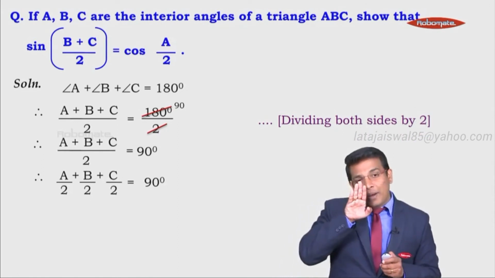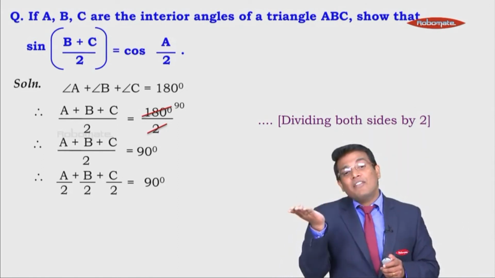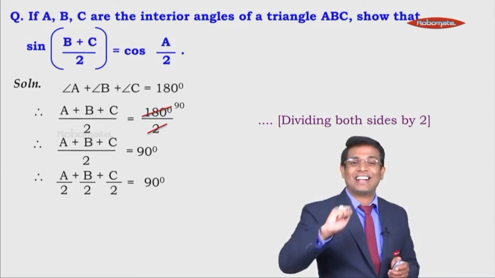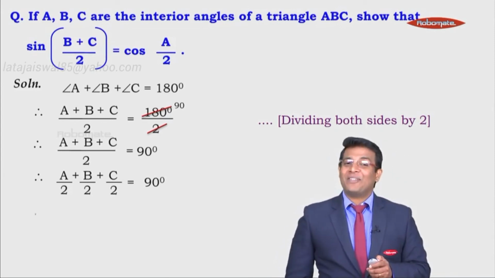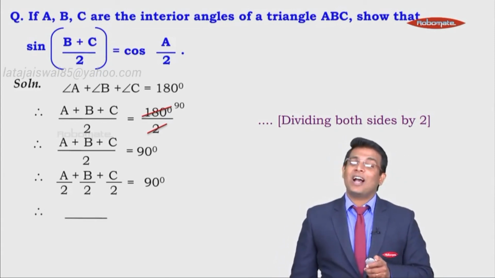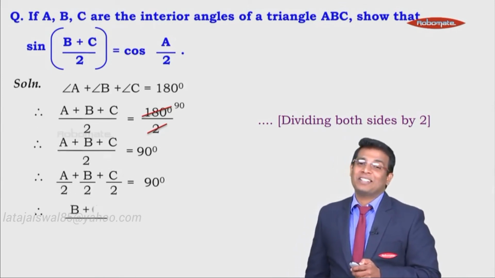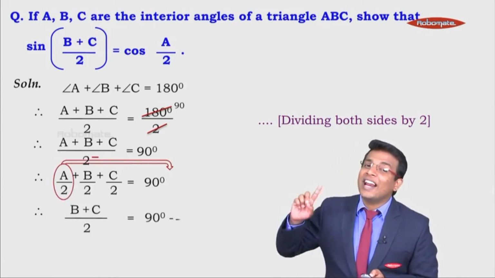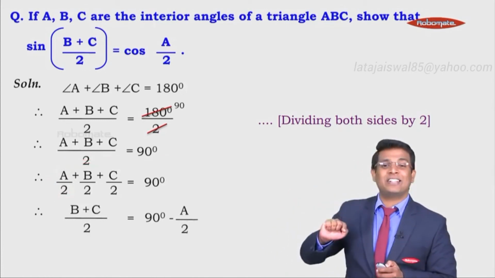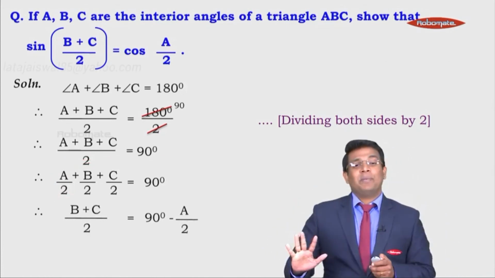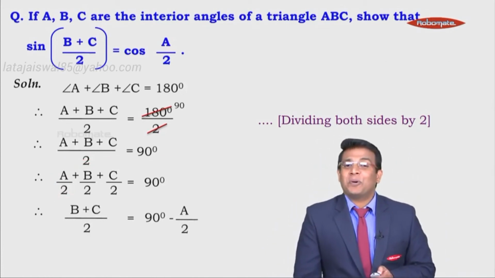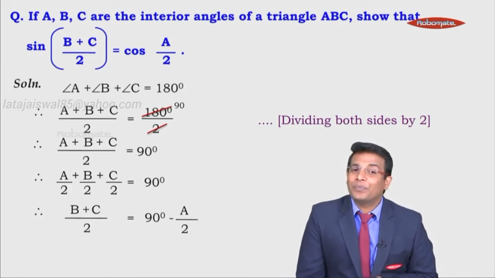So we'll keep only the B and C terms on the left hand side and we'll take A onto the right hand side. So if we do that, we'll get (B plus C) upon 2 on the left hand side here. On the right hand side, we get 90 minus A upon 2. So ultimately, we get the value of (B plus C) upon 2 as 90 minus A upon 2.